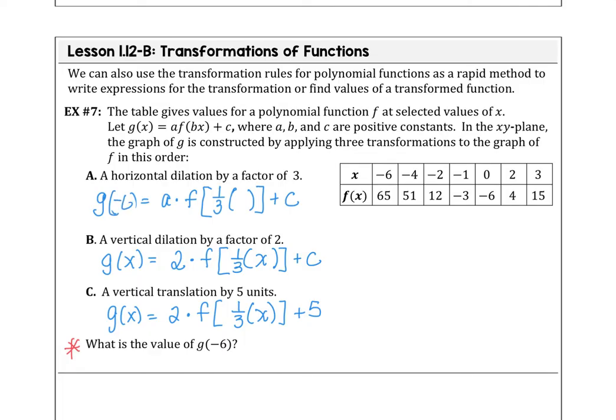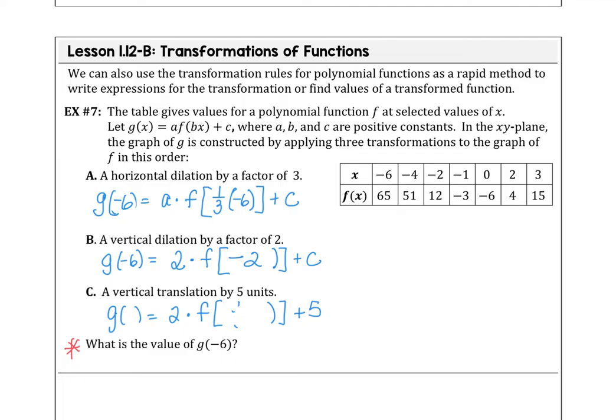So we've got g of -6, and in the next step, moving down there, we've got -6 divided by 3, that's going to give us -2 in this place. We're still calculating g of -6.